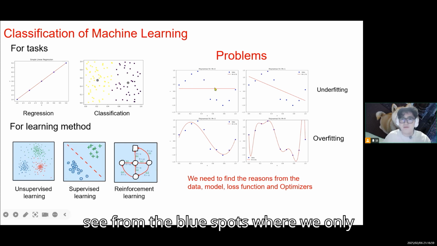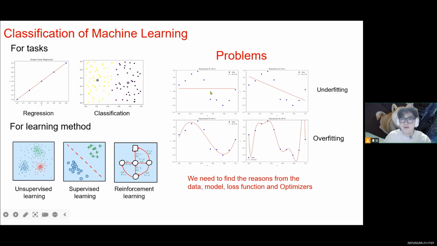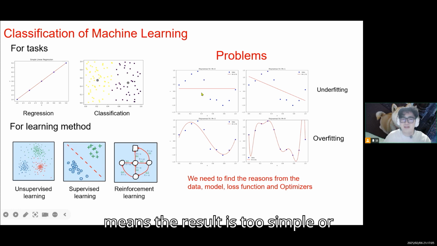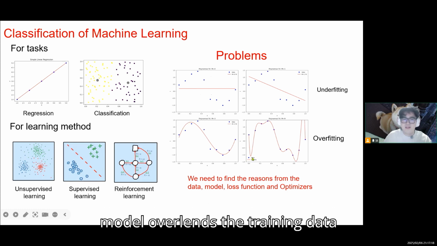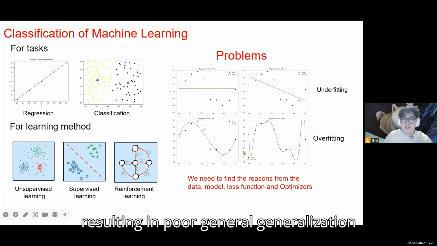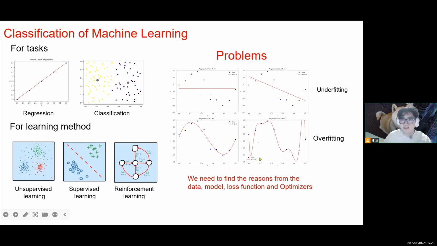Underfitting is like you can see from the blue spots, but we only get the red line. It means the model is too simple to capture important patterns. And overfitting is different: the model overlearns the training data, resulting in poor generalization ability.